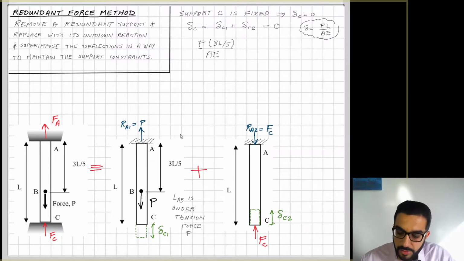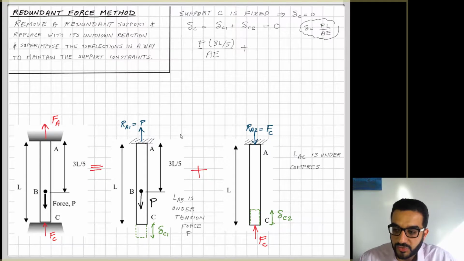If I do the same for the second case, the whole length AC, length L, is under compression force FC. So that delta C2, the contraction, happens because the whole length is under the compressive internal force of FC.